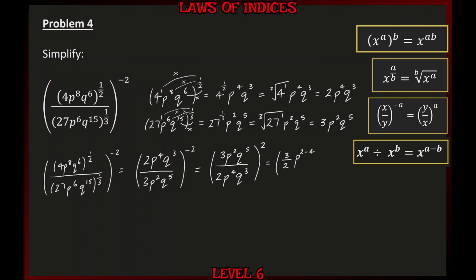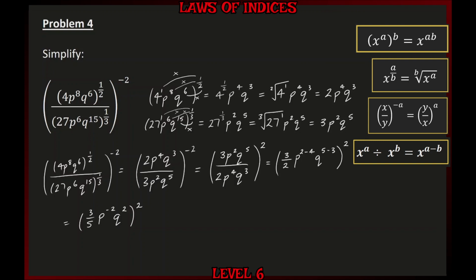And finally, q to the power of 5 divided by q to the power of 3 is q to the power of 5 minus 3. And this is still squared. Now, simplifying this, we have 3 over 2, p to the power of 2 minus 4, which is minus 2, q to the power of 5 minus 3, which is 2, and that is all raised to the power of 2.